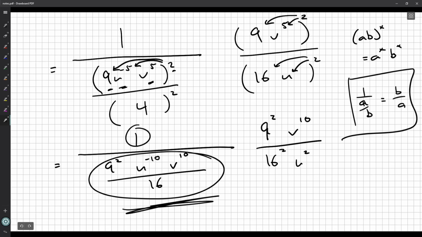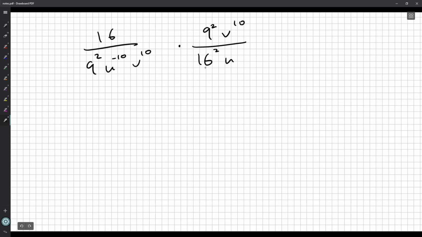So let's apply that here. So that bit can change to 16 over 9 to the 2, u to the negative 10, v to the 10. And we've got 9 to the power 2. I could write those as 81, but I'm seeing that those numbers are getting kind of big, so maybe I don't want to. Just like I could also, if I was comfortable, do 16 squared is 256. And it's u squared down here.